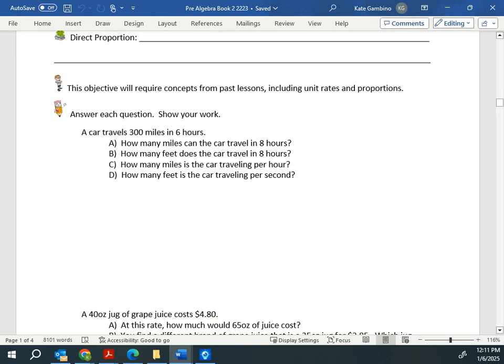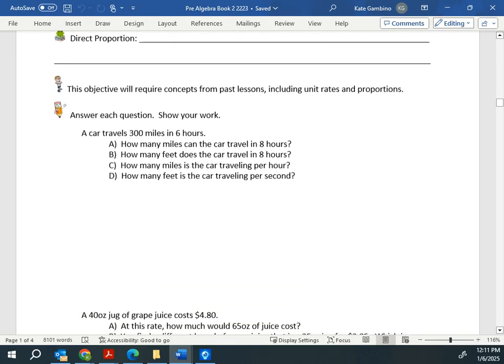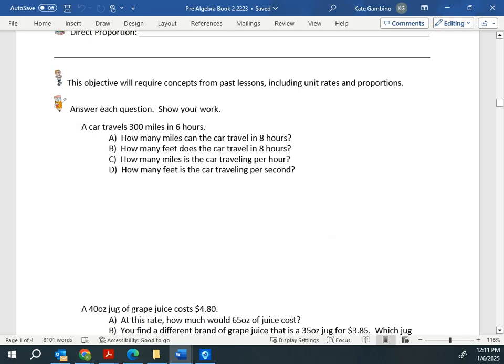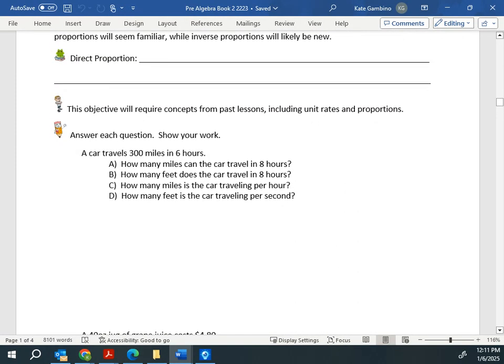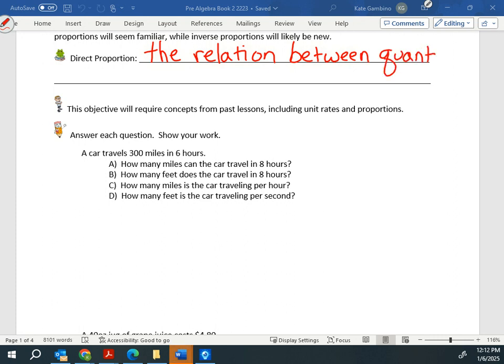So what is a direct proportion? A direct proportion is the relation between quantities whose ratio is constant.